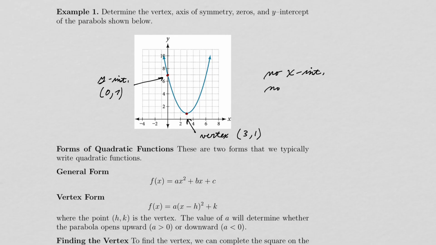Right, or you could say no zeros is another way of saying it. And the axis of symmetry is going to be about this vertical line right here. I'll dash it in green. And it has, again, the equation x equals h. And remember, h is the x coordinate of the vertex, so x equals 3 is the equation of the axis of symmetry.